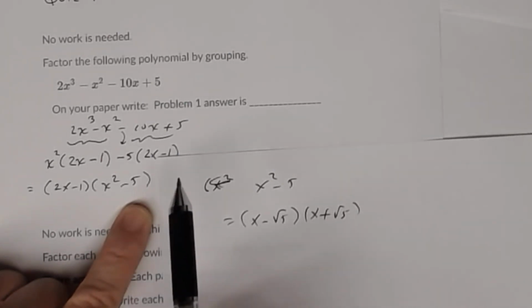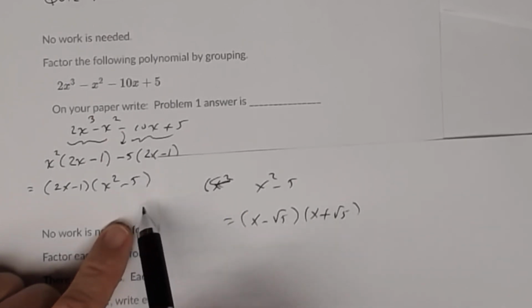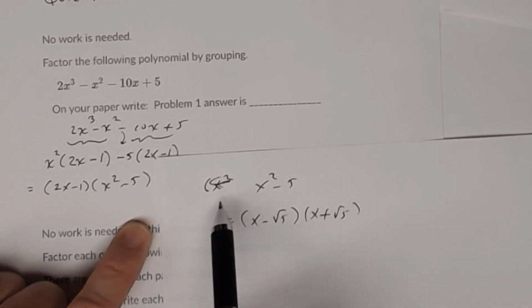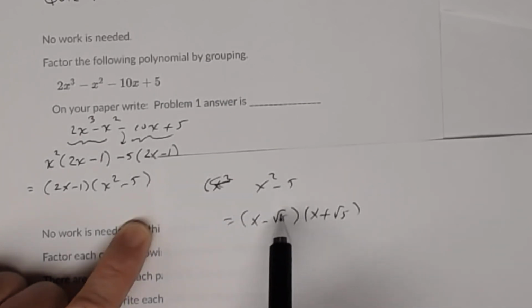But for us, when we factored the difference of two squares, that last term was a perfect square, and 5 is not a perfect square. But if you had to, you could factor this in terms of irrational numbers, which is x minus the square root of 5 times x plus the square root of 5.